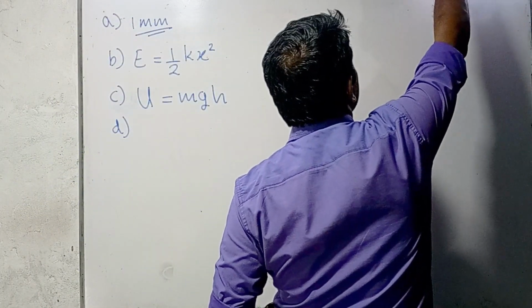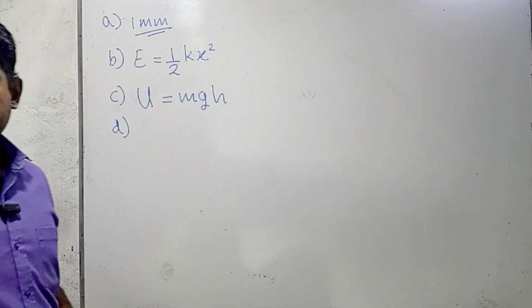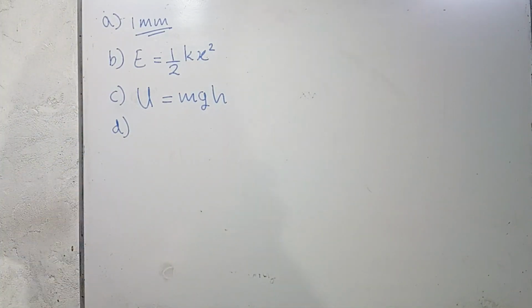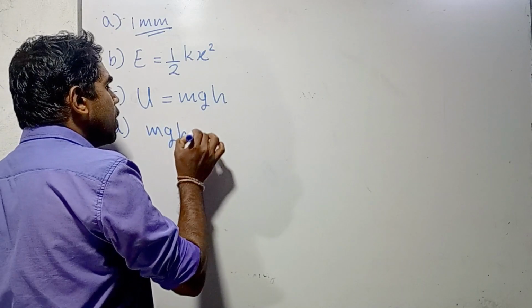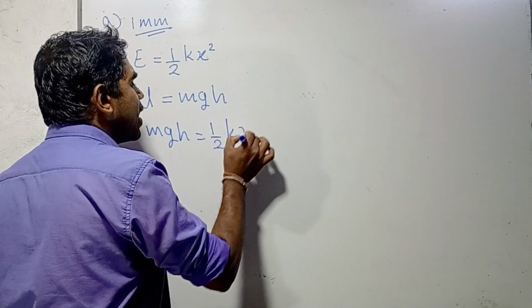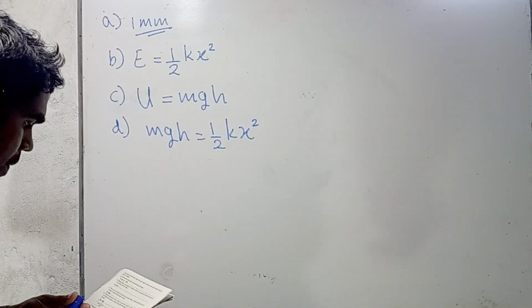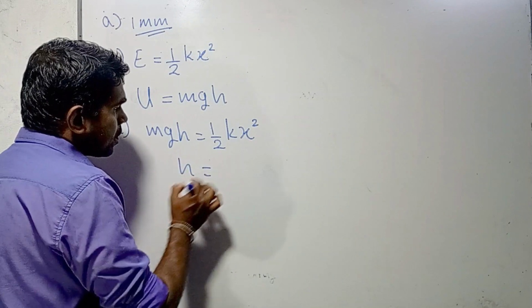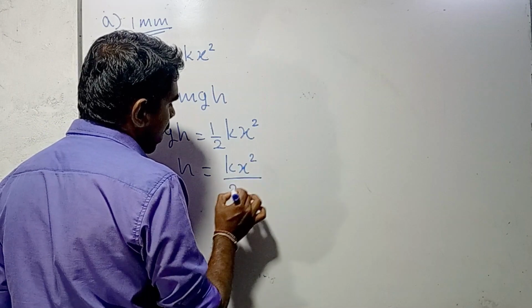After that, it will move to a height h, and at the maximum height, that kinetic energy is completely converted into potential energy. Then we can write mgh equals half kx squared. We have to make h the subject. Then h is kx squared divided by 2mg.